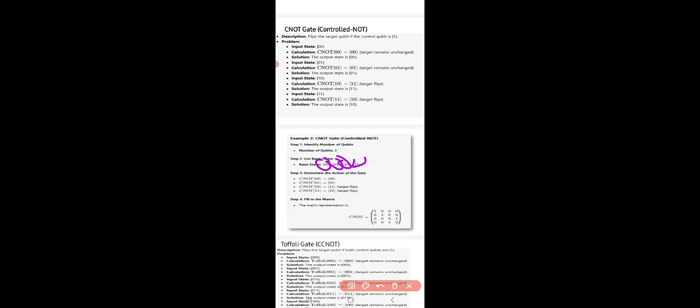Why? 1 is the control state. Here also again 1, 1, the control state is 1, immediately we change the target state 1 to 0. So we can represent the CNOT in matrix form like this.